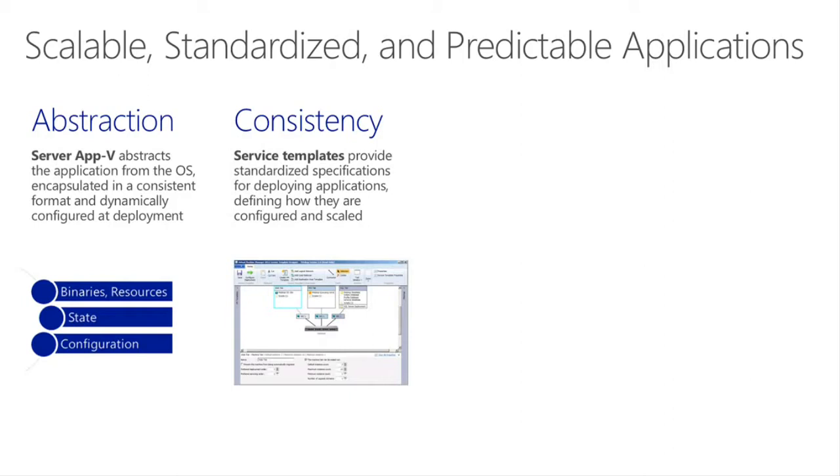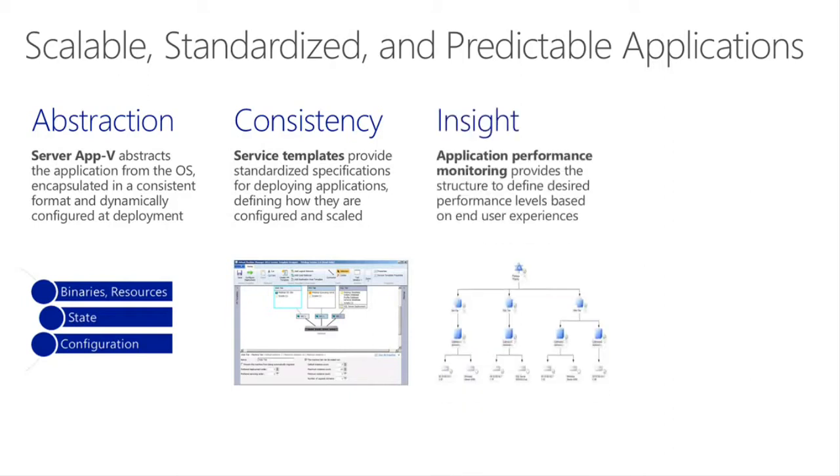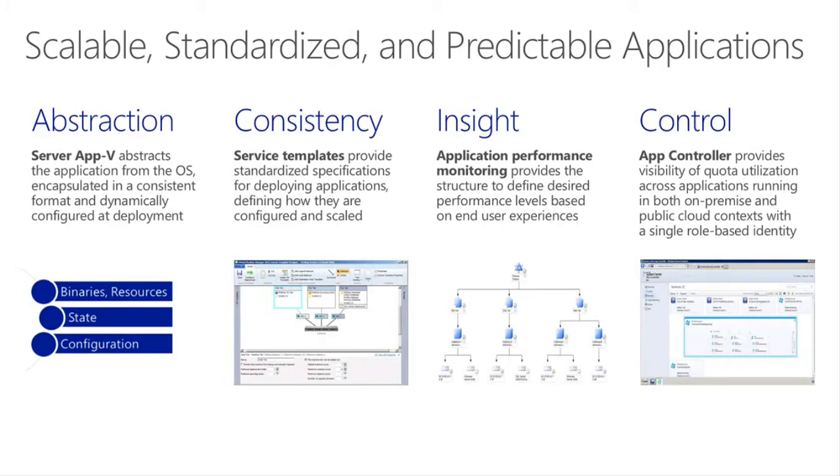Next, we have insight. Insight is where Operations Manager application performance monitoring builds on the infrastructure monitoring which we talked about before, bringing deep insight into application performance based on end user experiences, along with rich reporting and also trending information. And finally, we have control.